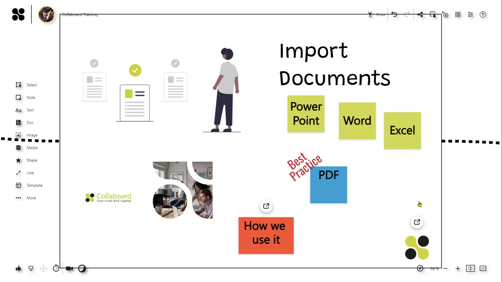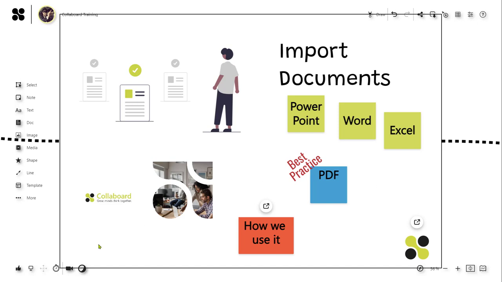Let me shortly explain why. It could be that in your PowerPoint you're using a special format or a special font, and in this case Collaboard may not know this format or this font. So if you want to be 100% sure that what you have done in the PowerPoint is represented in Collaboard exactly the same way, then create a PDF first and upload that.